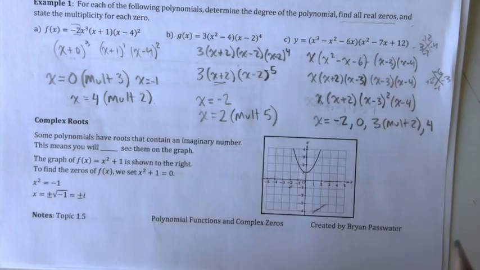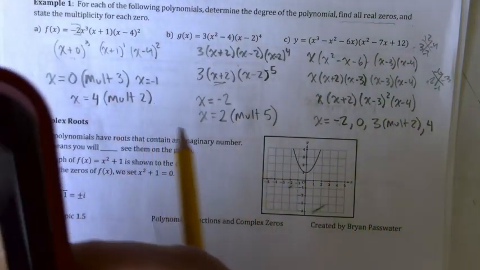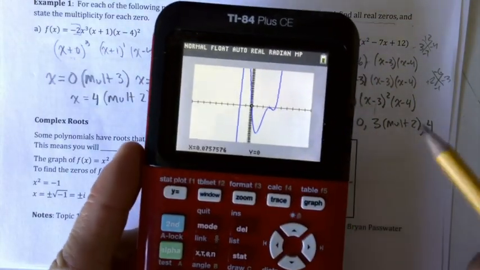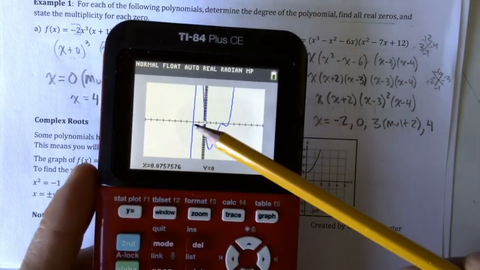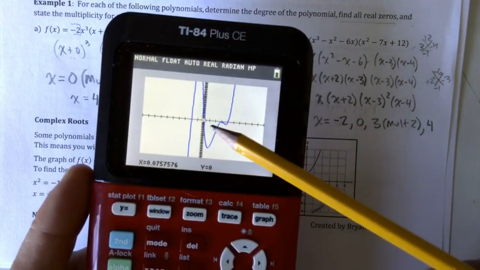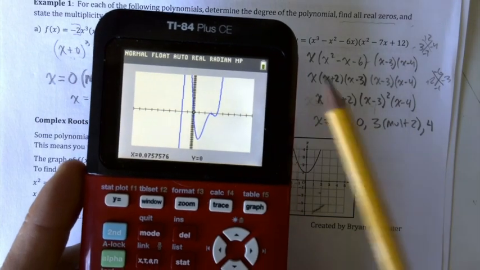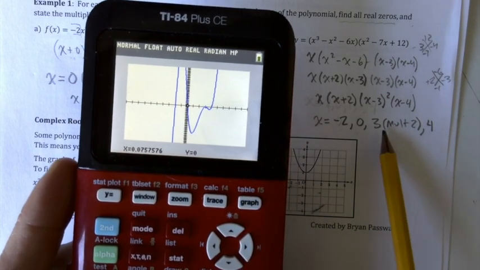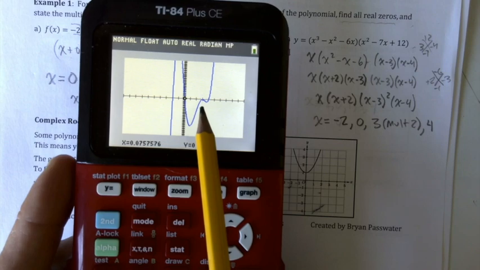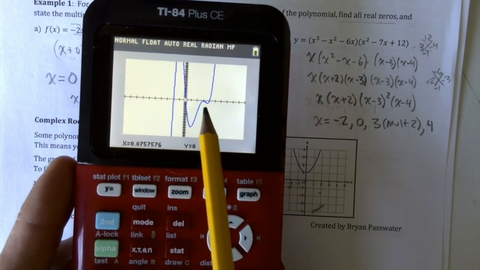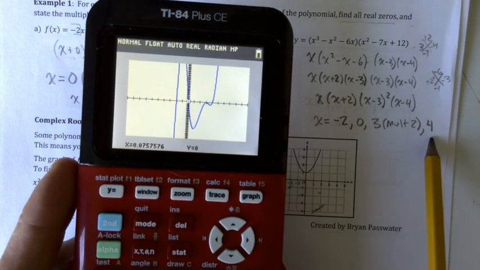-4 is 4. I would love to also notice that if I threw this on a graph, I do have -2 passing through once. I have 0 passing through once. Then the multiplicity at 3 resulted in a bounce off of 3, and then again we cross once at 4.